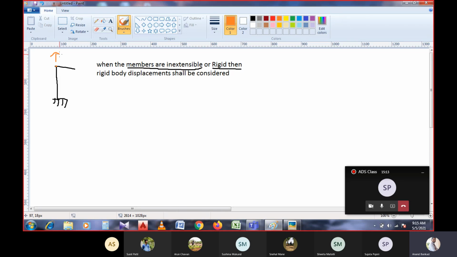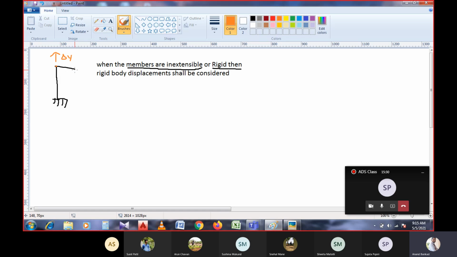So if you consider the direction for this member, the delta y will be 0. That means the displacement in the direction of y is not allowed, so the degree of freedom in that particular direction is 0.